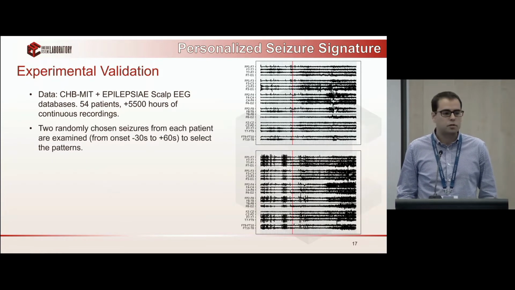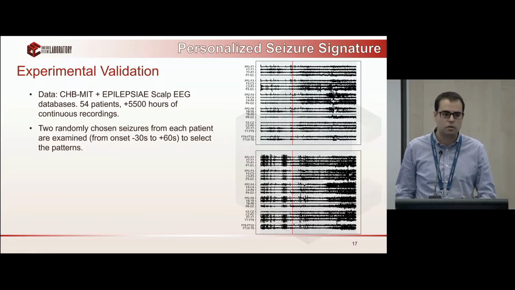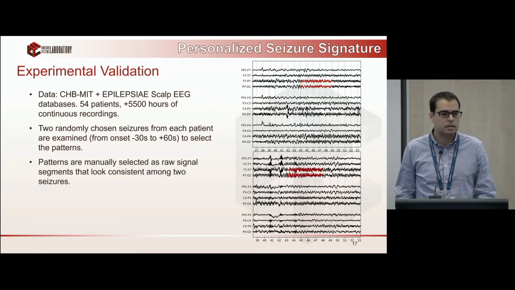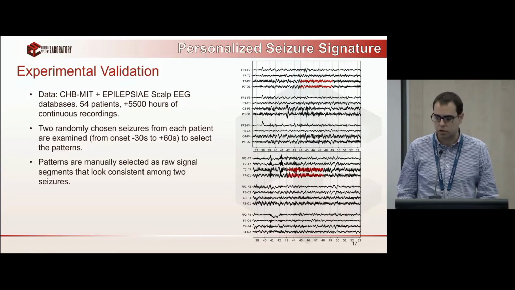And for each patient, what we did is to visualize two randomly chosen seizures from 30 seconds before the beginning up to 1 minute after the beginning. And we try to identify morphological patterns that seem to be consistent among this pair of seizures.